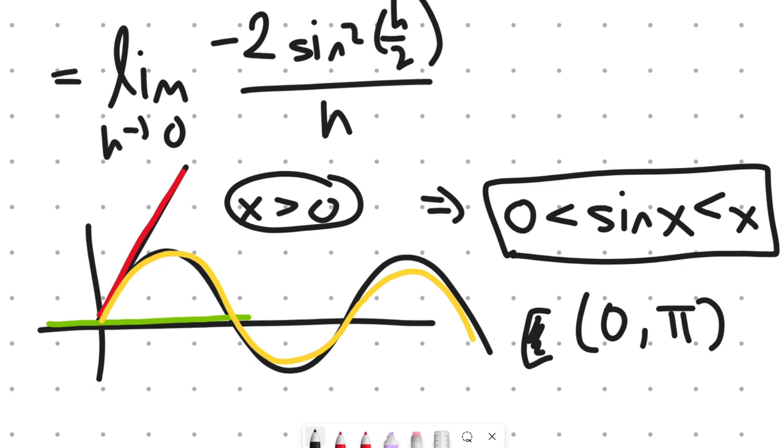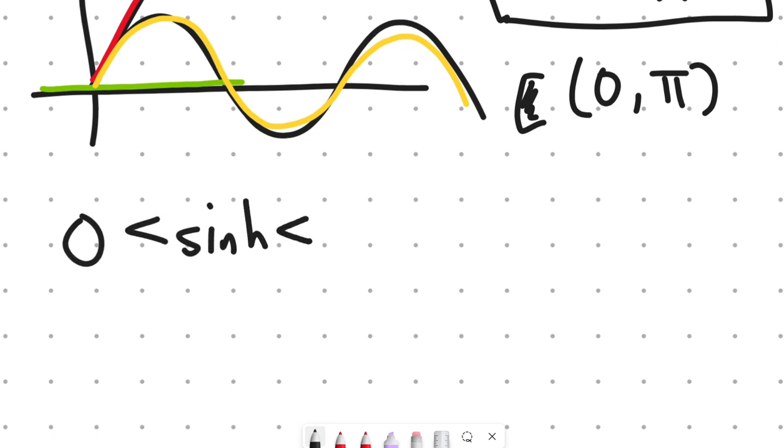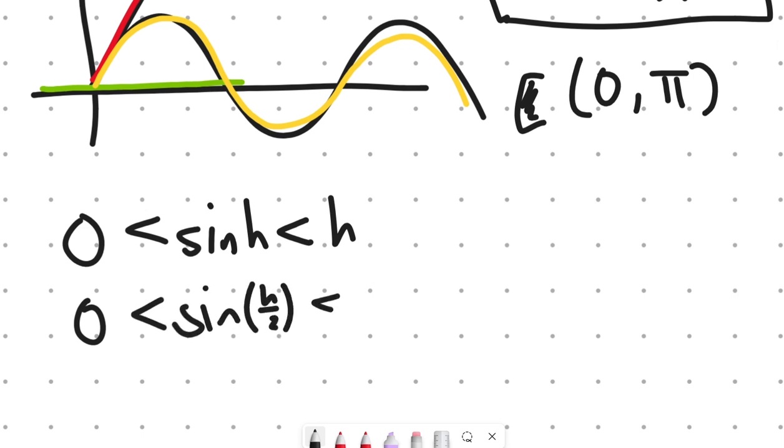So we are going to use h for the variable, and when we do it, we'll have 0 is smaller than sine of h is smaller than h. Now we have h over 2 in this limit, so we just say, okay, 0 is smaller than sine of h over 2 is smaller than h over 2.